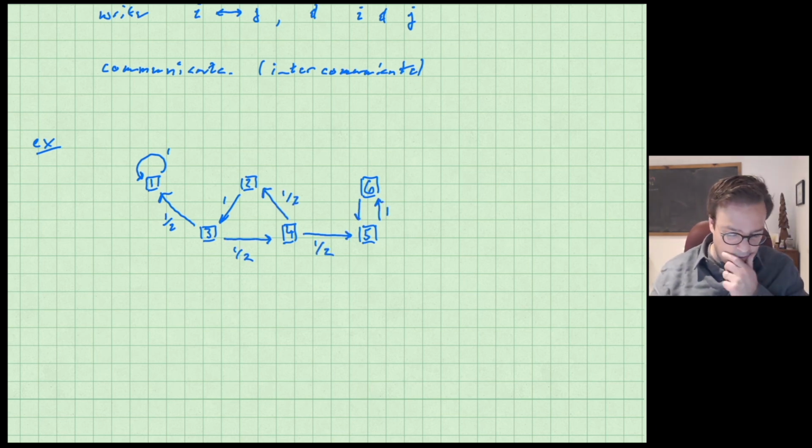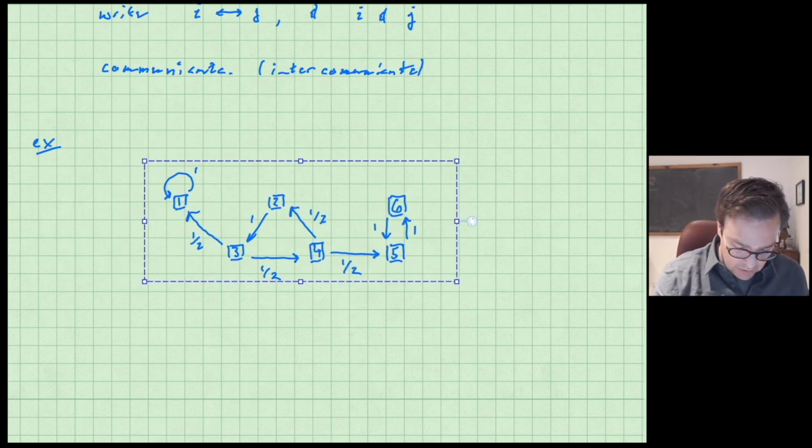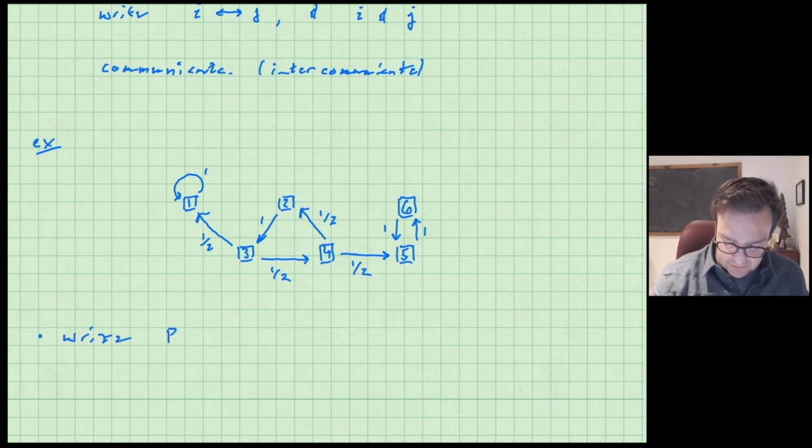Okay, now, so this is sort of the problem, and I want to do the following things. Write down the transition probability matrix, the one-step transition probability matrix, and classify some states.